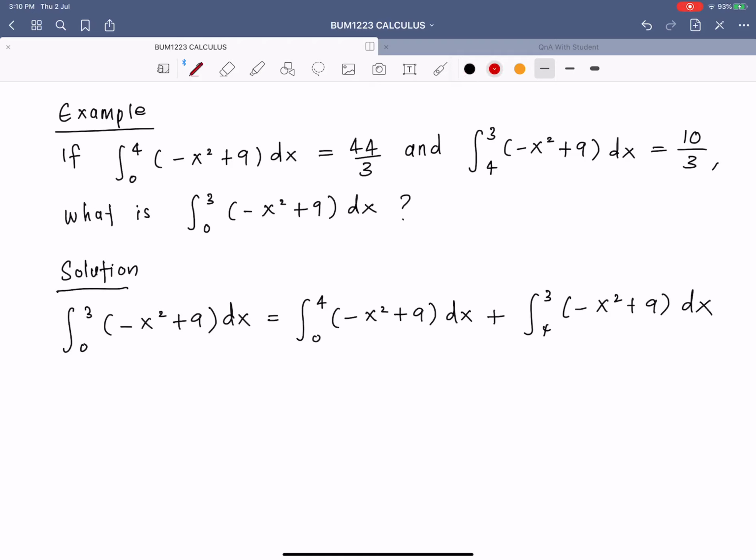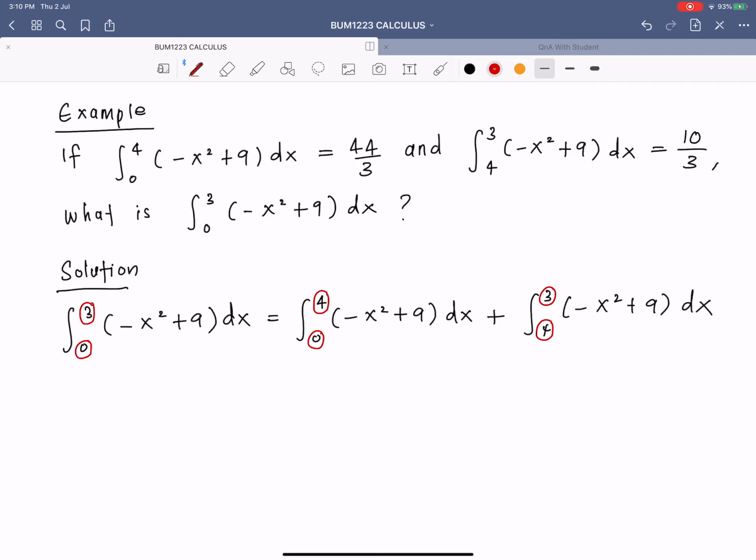If you see here, the upper limit for the first part is equal to the lower limit of the second part. And the lower limit for the first part is equal to the lower limit of the original integral, and the upper limit of the second part is equal to the upper limit of the original integral.